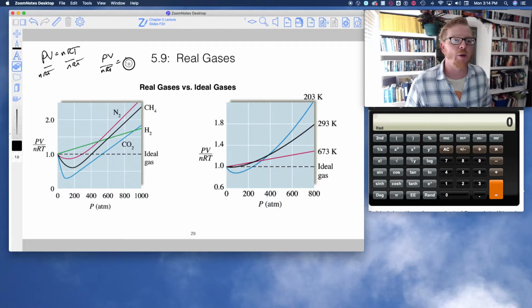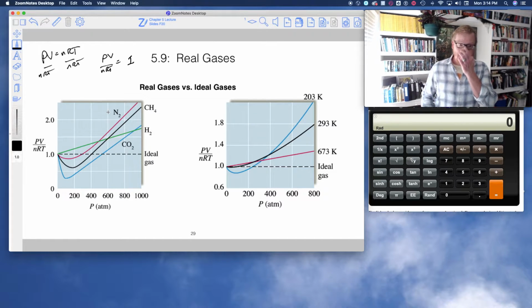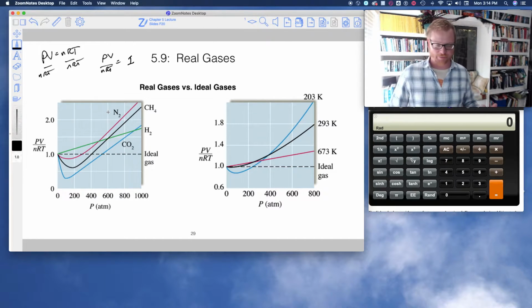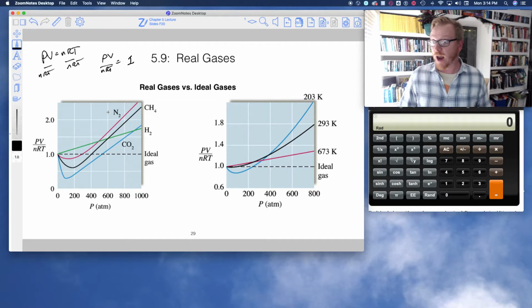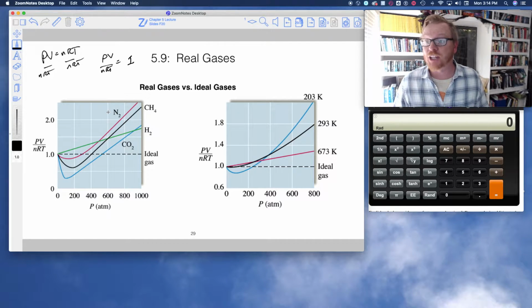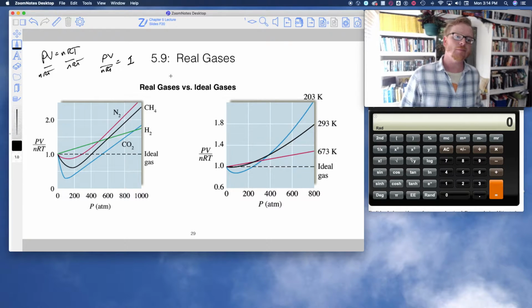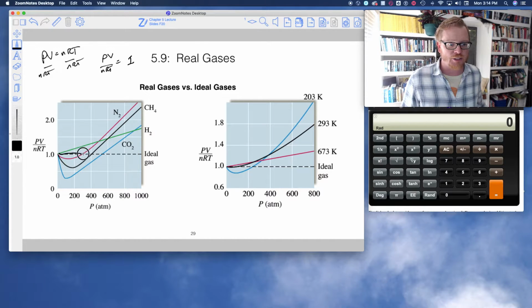And if I were to then plug in what I would actually measure, keep in mind that the ideal gas equation is just an equation. It doesn't necessarily give us the correct pressure that we would actually measure, okay? So this PV divided by nRT equals 1 is the ideal gas line. And look, here that line actually is, okay?